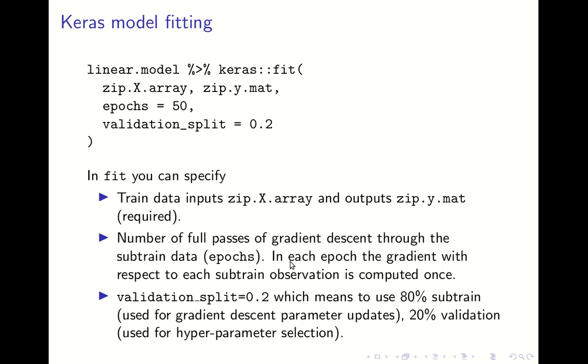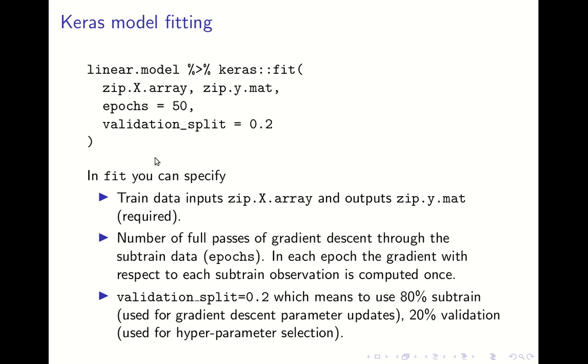Another way to think about that is, in each epoch of gradient descent, we're computing the gradient with respect to each subtrain observation exactly once. So after we've gone through a whole epoch, we've seen each subtrain observation once.